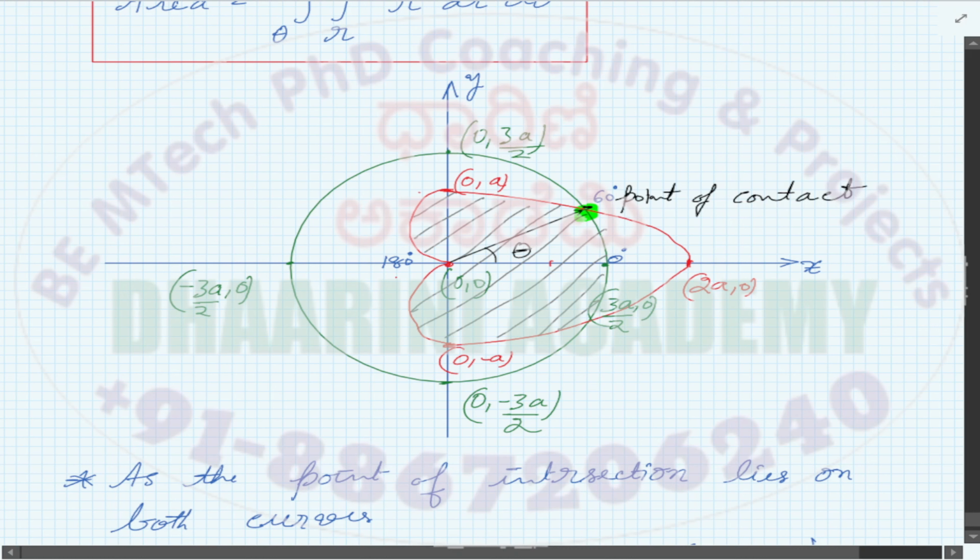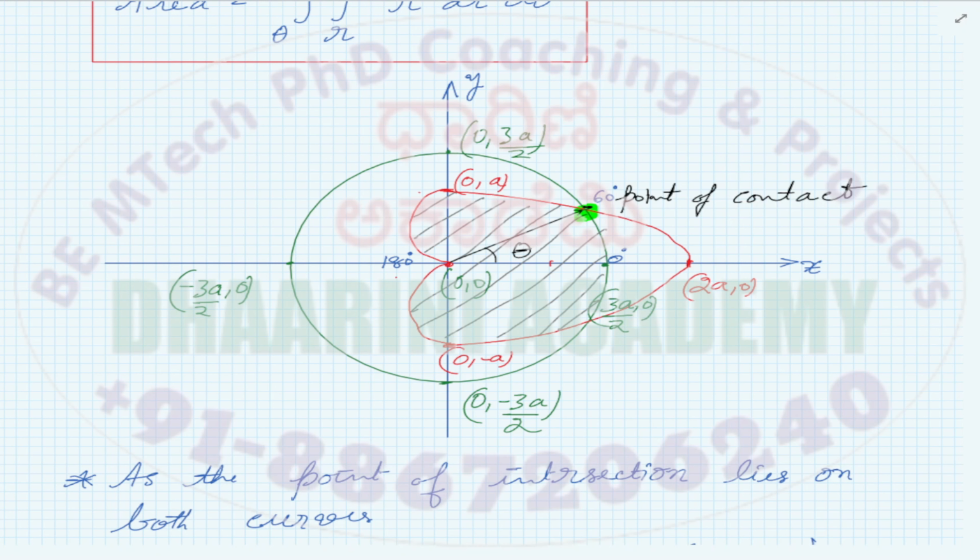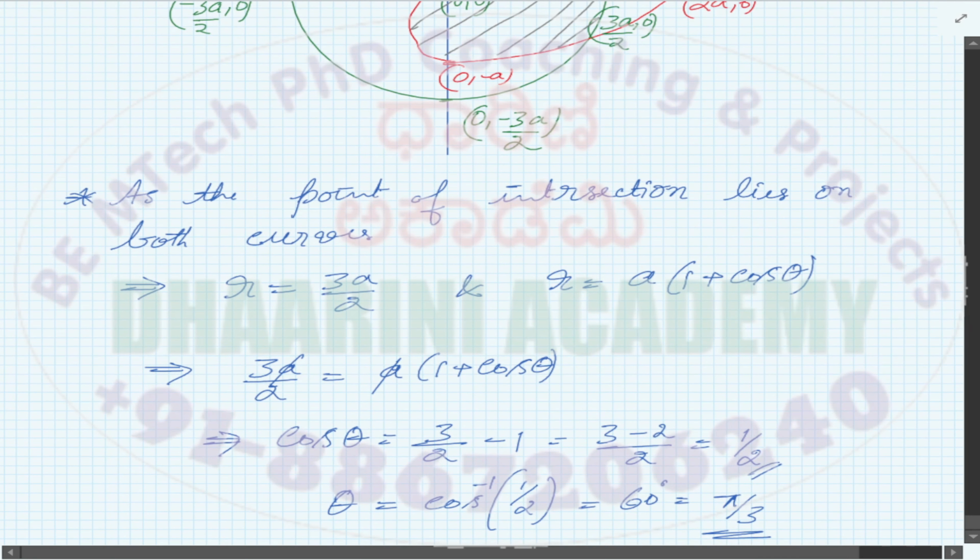But since this particular region is symmetric, I can simply do the integration from 0 to pi and multiply the answer by 2. We come to know this only by looking at the given problem. This may not be the case in some other problem, where you might have to do the complete integration. But in this case, it's very clear that I don't have to do the integration twice.